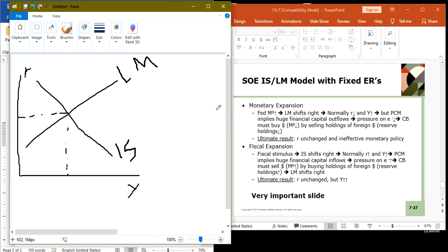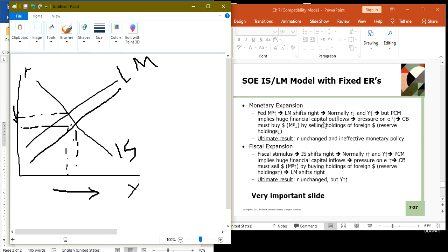It means income increases and R decreases.